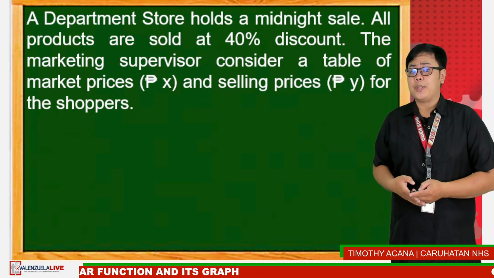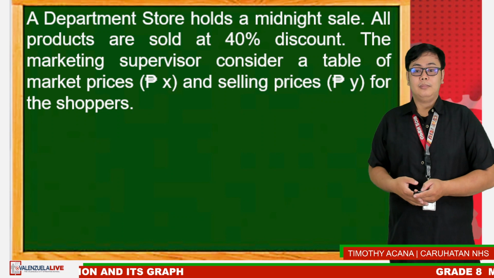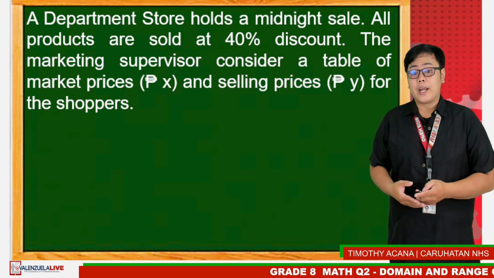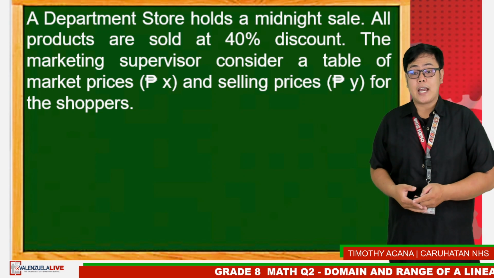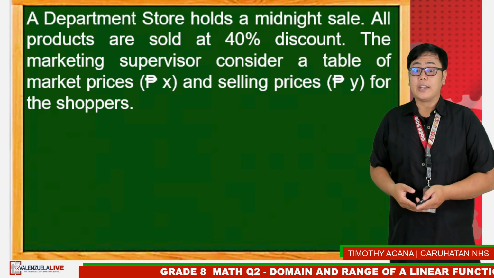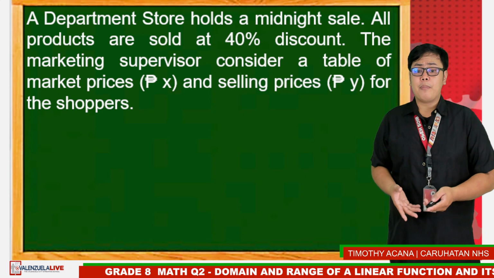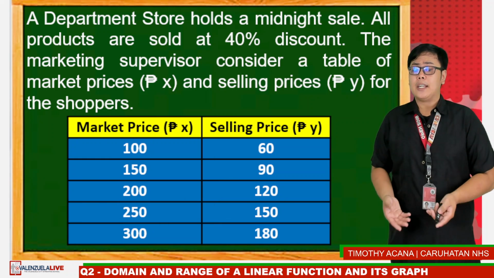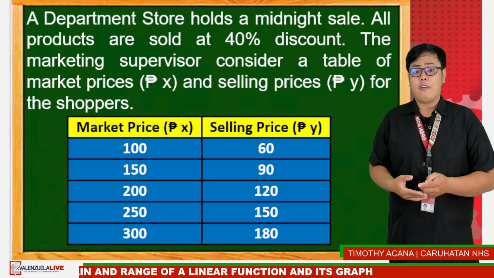Now let us refer to the given problem. A department store holds a midnight sale. All products are sold at 40% discount. The marketing supervisor considers a table of market prices X pesos and selling prices Y pesos for the shoppers.